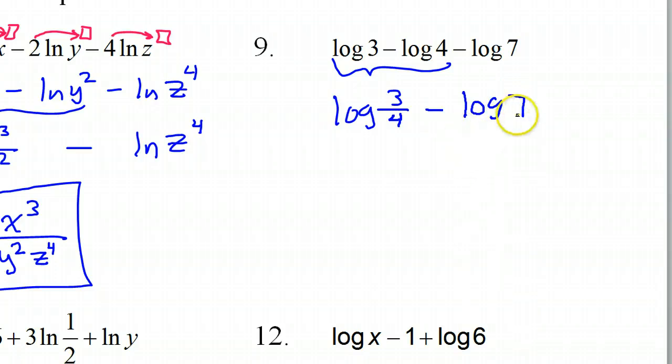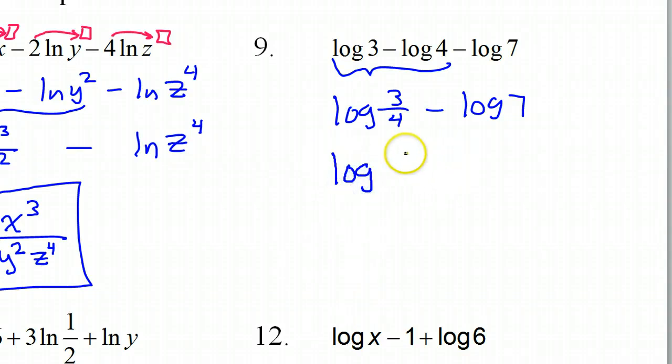Okay? And as I discussed before, when I do this again, wanting to now divide by 7, that 7 will just appear in the denominator.